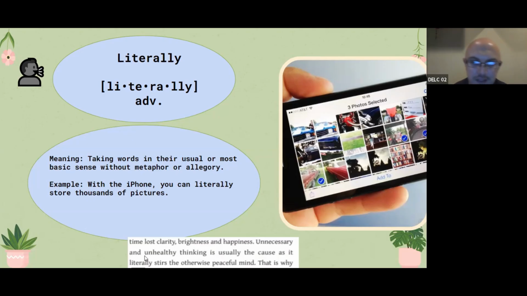So it's a little bit difficult to understand when he says literally, but the next word is stirs, which can mean like to stir like this, or it can mean to confuse your mind. So unhealthy thinking is usually the cause, because unhealthy thinking literally stirs the peaceful mind. So if you have a peaceful mind and then you start unhealthy thinking, it might literally make you change your mind.